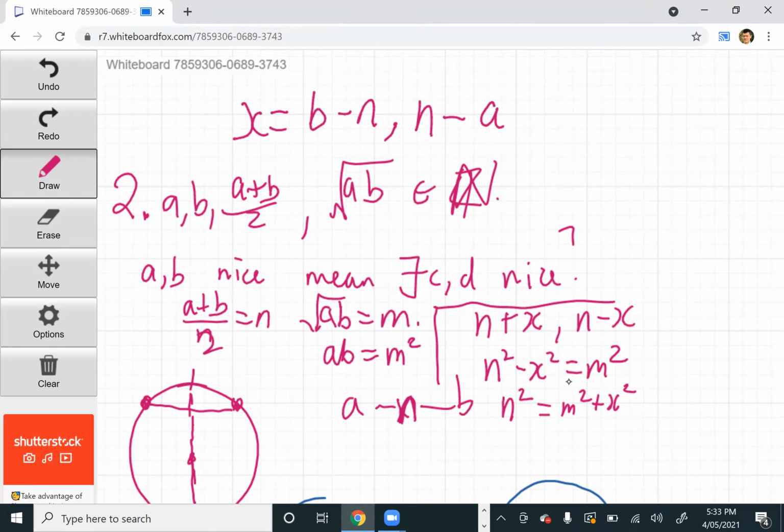Okay, and the idea was to do what? Swap m and x. Yeah. Swap m and x.